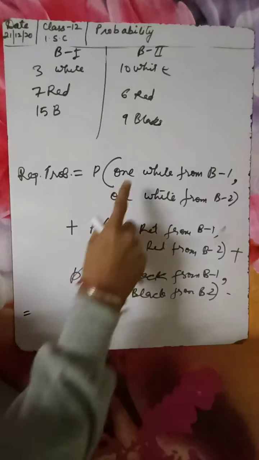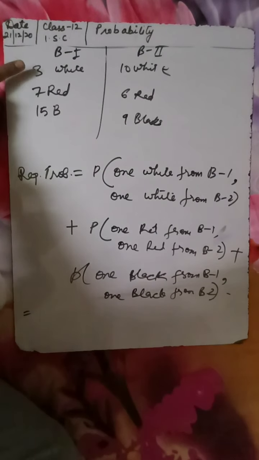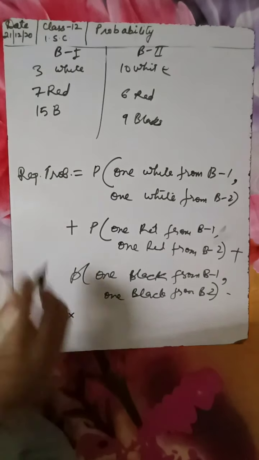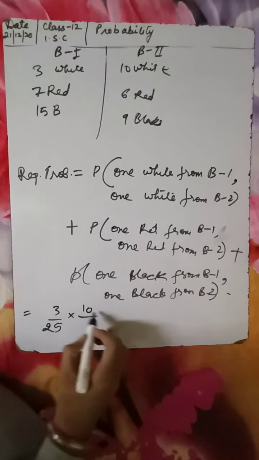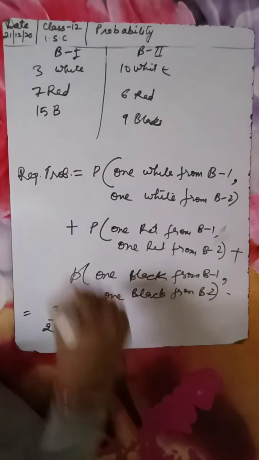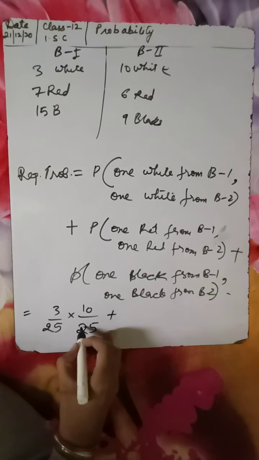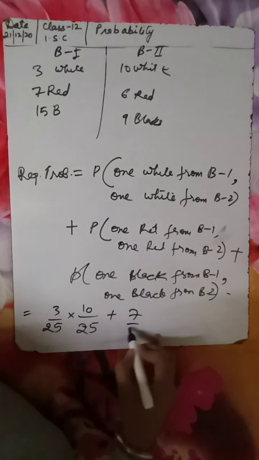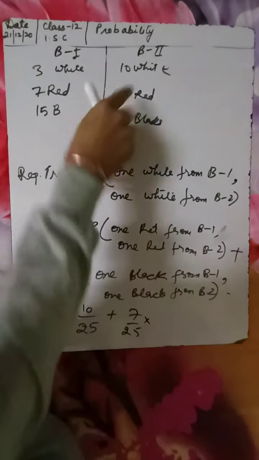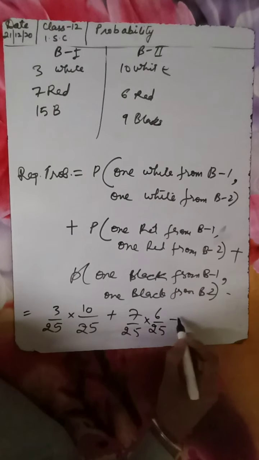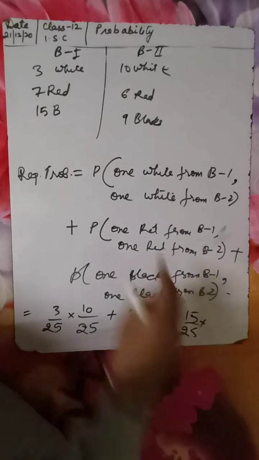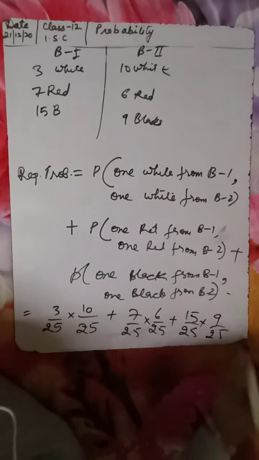So one white from bag 1: there are three white and total 25, so 3 by 25 into 10 by 25, plus one red from bag 1, that is 7 upon 25 into red in bag 2, 6 upon 25, plus 15 upon 25 into 9 by 25.